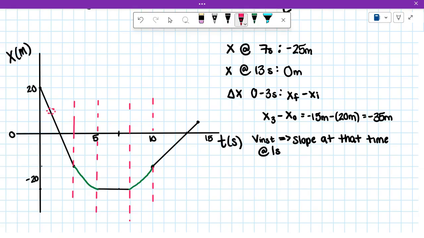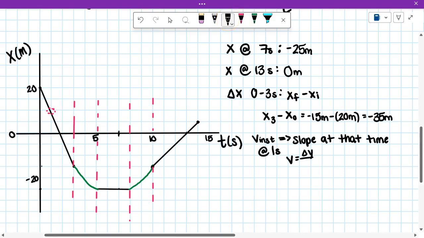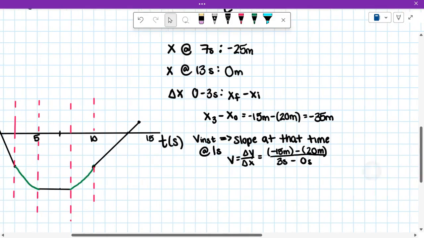So as long as I can find the slope of that line, I will have the instantaneous velocity. So I can write it as the velocity is change in y over change in x, which is the slope formula. So negative 15 minus the initial 20 from 3 seconds to 0 seconds.